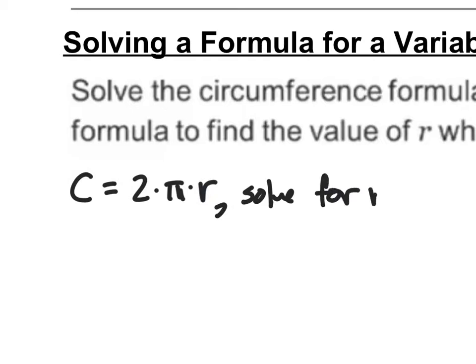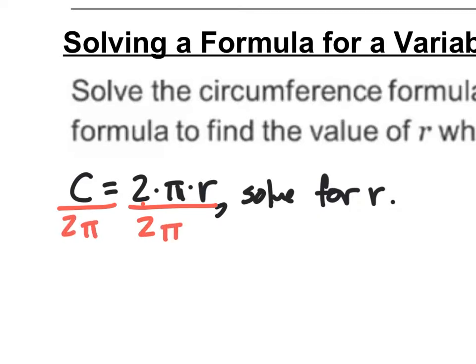So solve for r. I'm just going to do the same thing that I would normally do when solving an equation, and that's always just do the opposite. What I have here is 2 times pi times the radius, and if I want to get r by itself, because I'm multiplying by 2 and by pi, I would divide both sides of this equation by 2 pi.